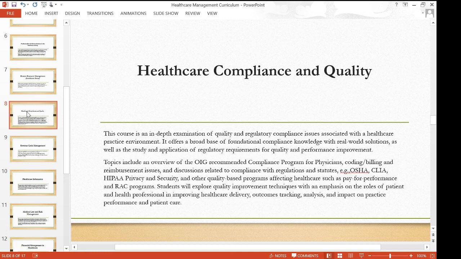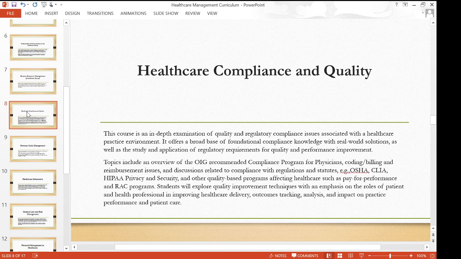For example, the OSHA, the CLIA, the HIPAA privacy and security, and other quality-based programs affecting healthcare such as pay for performance and RAC programs.